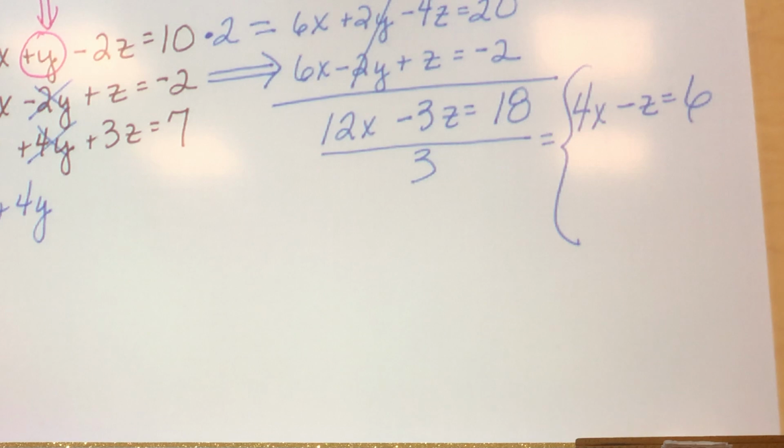Oh, you should get negative x plus z equals negative 3. Why? Because 7 minus 40 is negative 33. Yeah, that's what I got, but when you divide by negative 11, you get x minus z equals 3. Why? Because positive 11 divided by negative. Right.